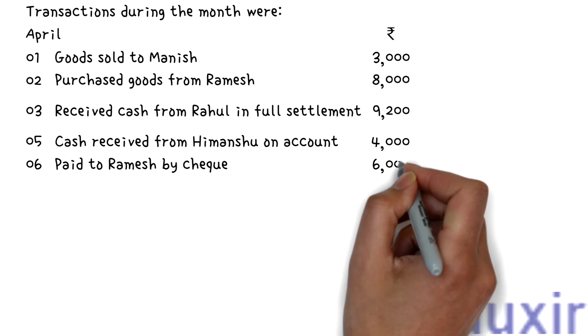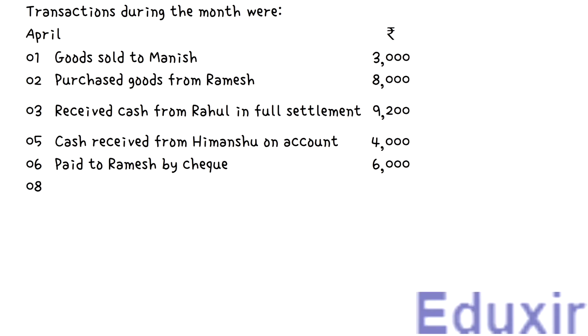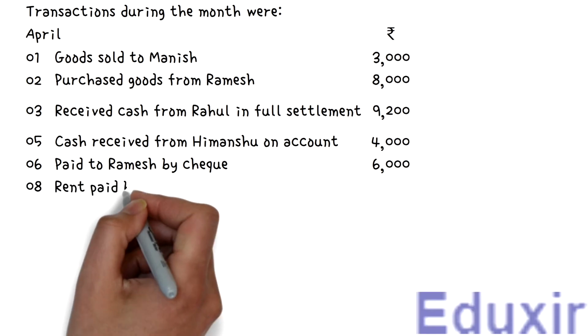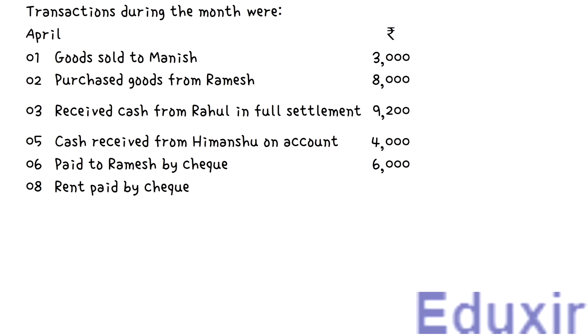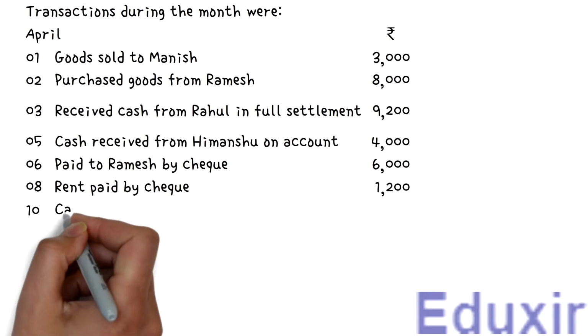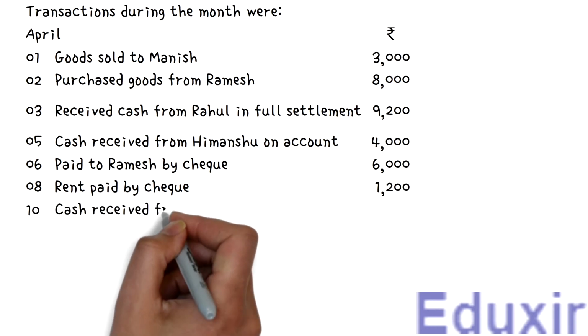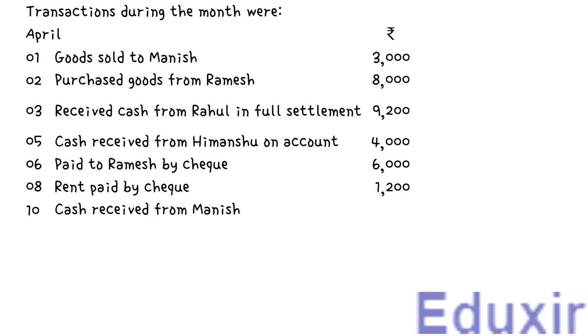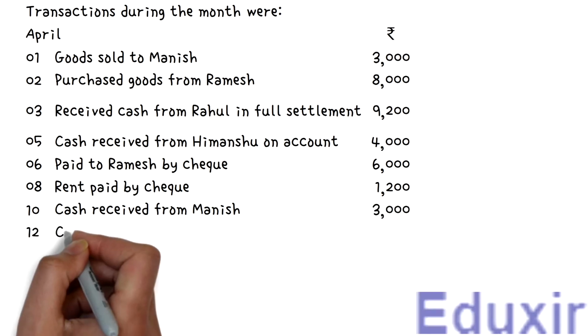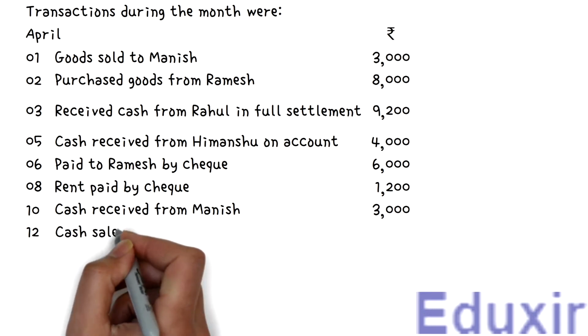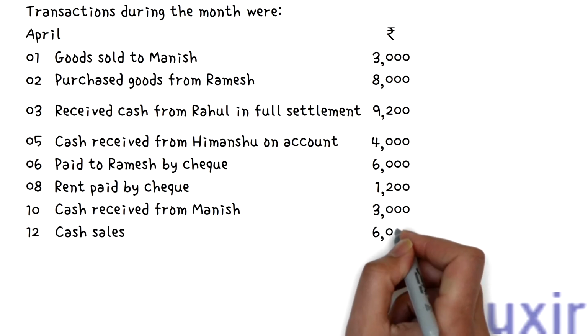On 6th April, paid to Ramesh by check 6,000 rupees. On 8th April, rent paid by check 1,200 rupees. On 10th April, cash received from Manish 3,000 rupees. On 12th April, cash sales 6,000 rupees.